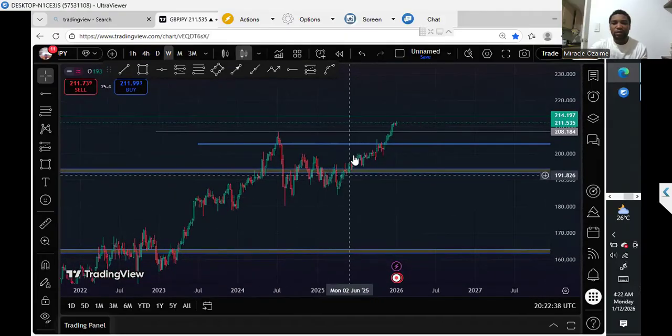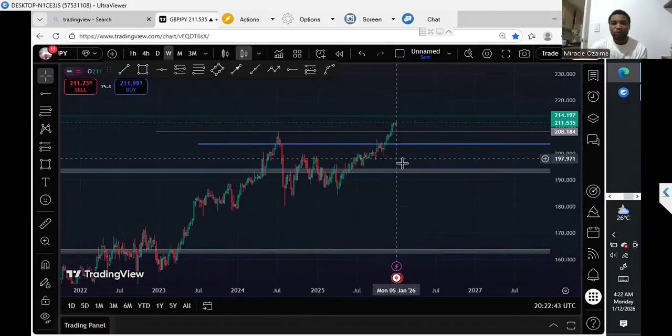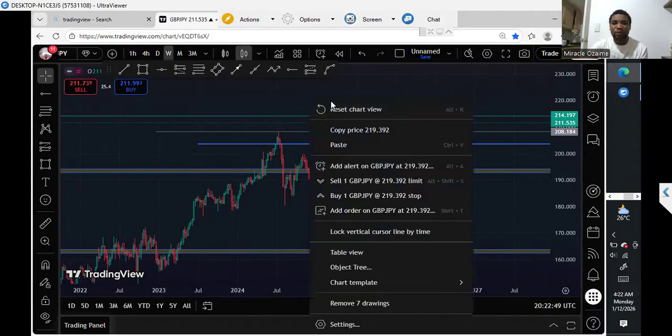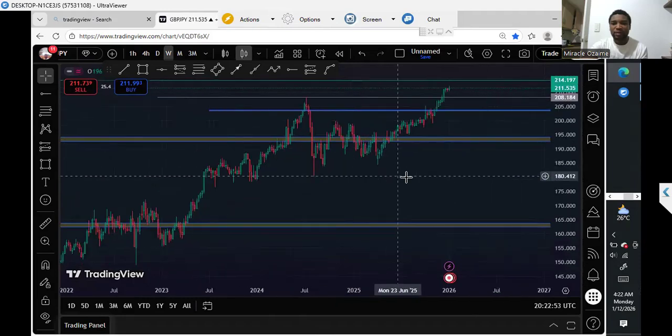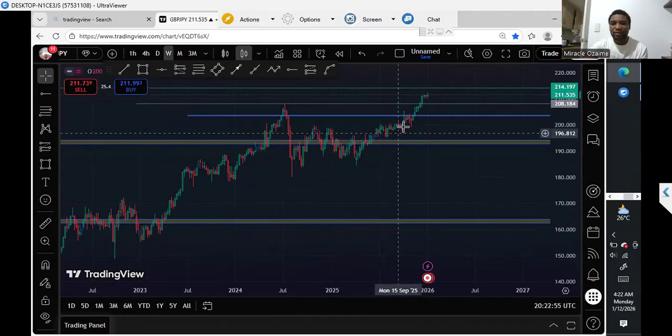So I was looking, we have a push, we have a correction, we have a push, we have a correction, we have a push. And this is looking like a significant push compared to this push. So that is why I was looking for a correction like this or like this before the push to the upside.